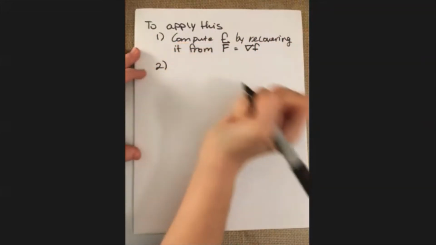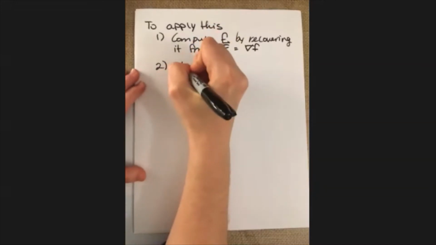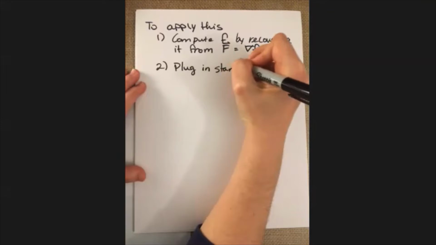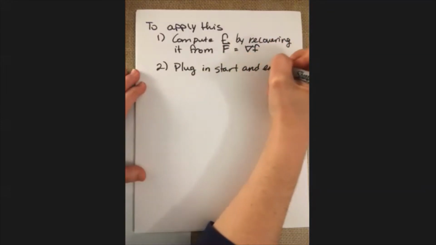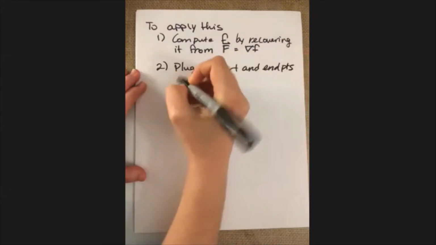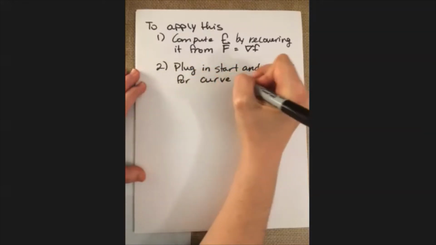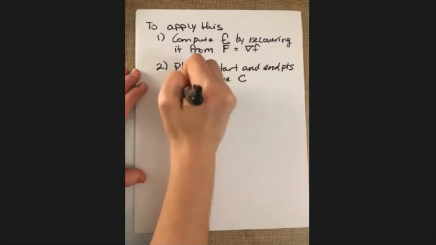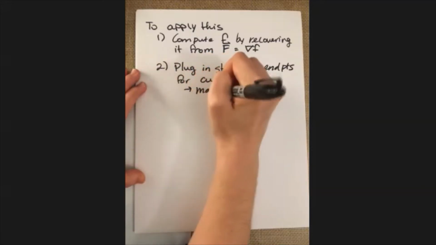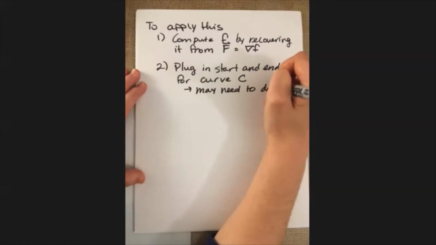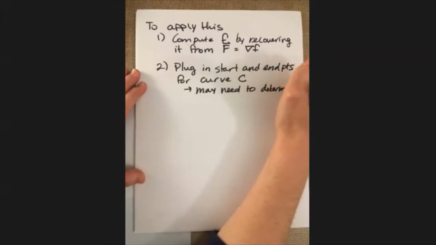And then two, we plug in start and endpoints for the curve C. And I want to point out that we may need to determine what these are exactly with some parameterization.